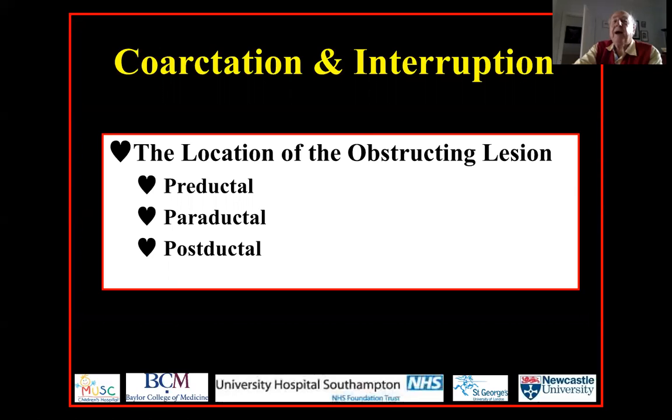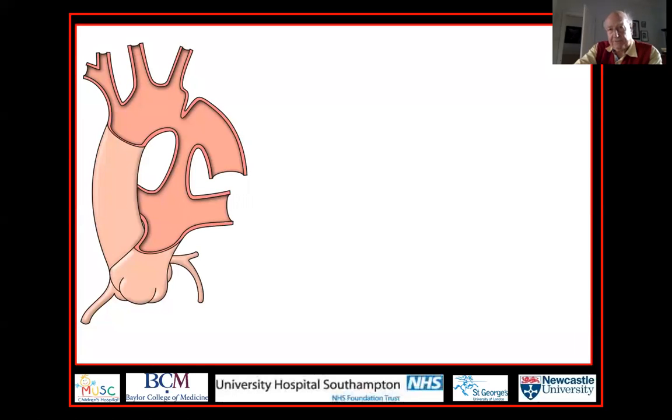I must admit, I've never seen such a case. But I can illustrate to you the situation, because most usually we see that waist lesion, as I've shown you here, which is in front of, cranial to, the mouth of the arterial duct. And that is what we call pre-ductal coarctation.